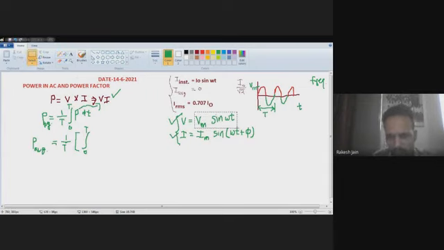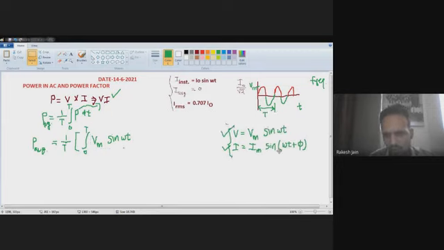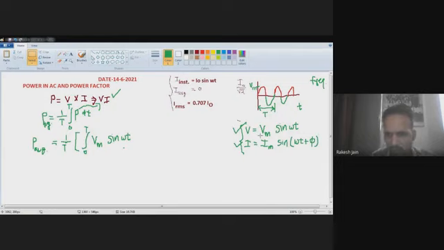In place of voltage, I put Vm sine omega t, and in place of current, I put Im sine of omega t plus phi. These are two. And the third one is P dt.